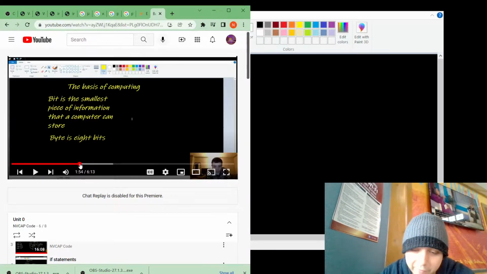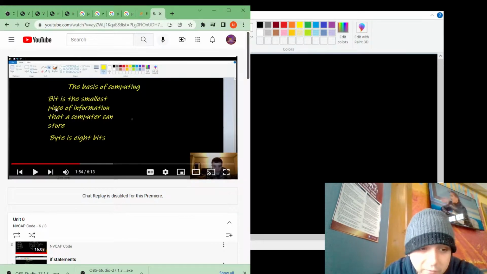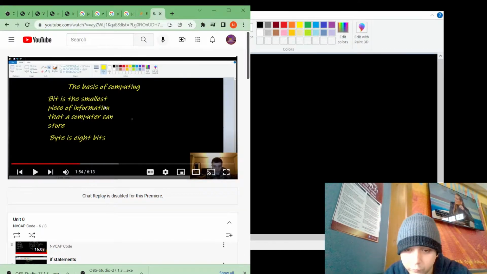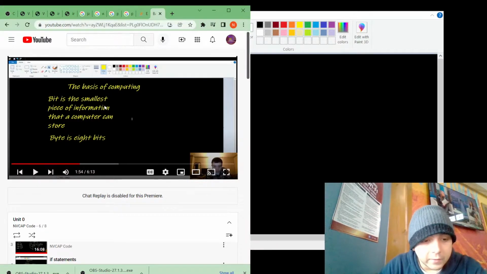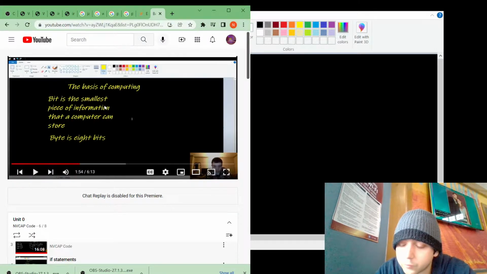I can explain, it's a long thing about how it does that, but basically, a bit is a term for either a 1 or a 0. That's what a bit is. And what a byte is: just a bit alone can't really represent anything, so a byte is actually 8 bits.